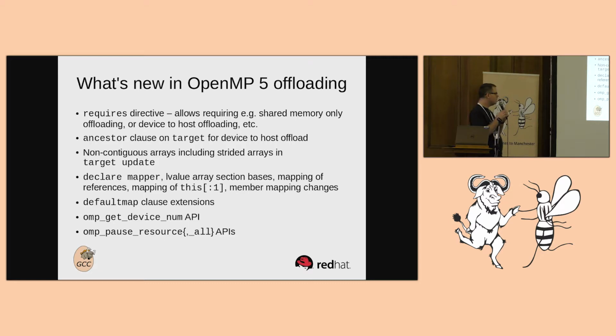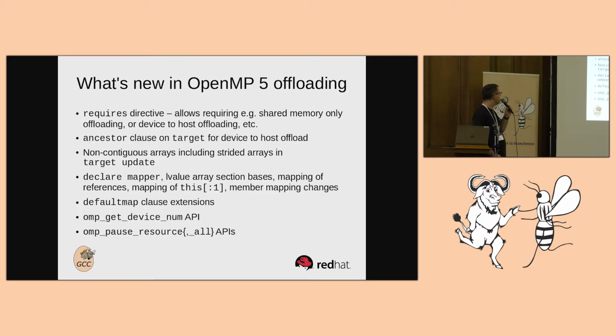So related to offloading, there is the requires directive where you can, for instance, say that the program will work only on shared memory, where the device has the shared memory with the host. Like, I think NVIDIA is aiming to have new hardware where the memory will be shared, and so you can say the program will work only on those, or specify other requests.